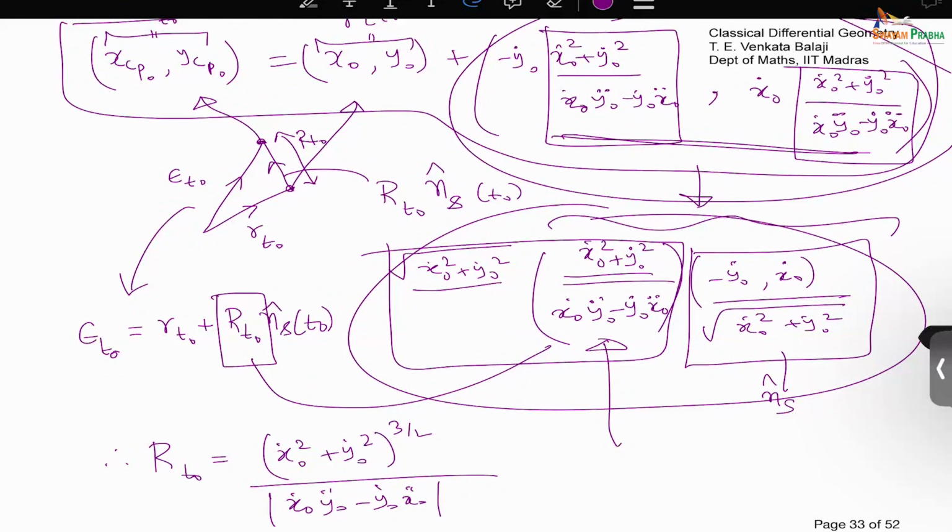Why this plus or minus is coming is because, depending on how you are traversing the curve and whether the curve is concave or convex, the signed normal can point away from the center of curvature, or it can point towards the center of curvature, and you have to make a sign adjustment to the curvature itself for this equation to be correct.